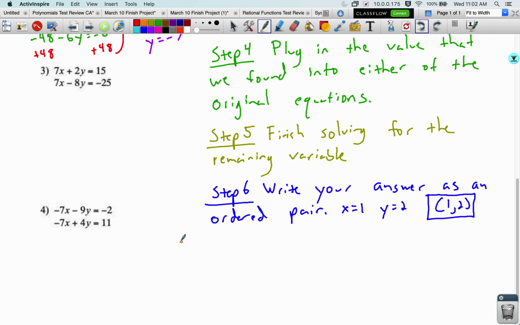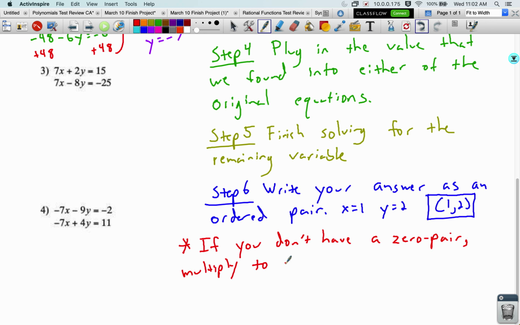So I'll just add this as like a star. If you don't have a zero pair, multiply to make one.